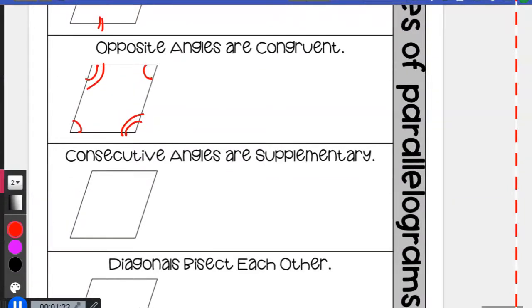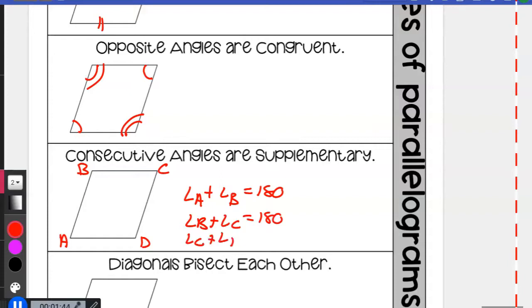Consecutive angles are supplementary. So this is hard to mark, but let's label it. So if we have parallelogram ABCD, angle A and angle B added together equal 180. Angle B and angle C added together equal 180.